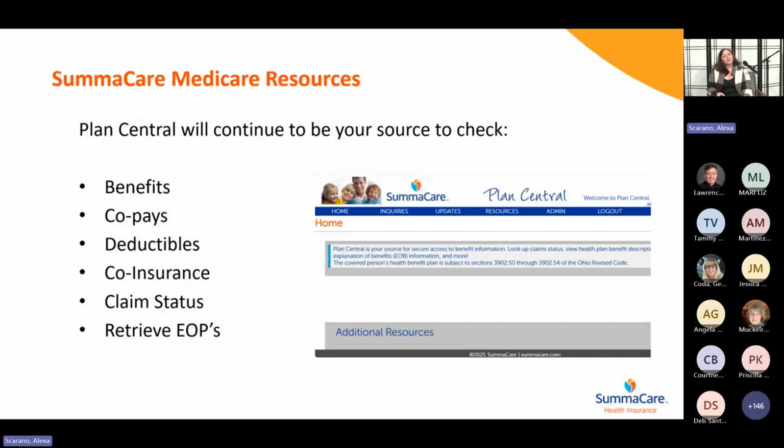We wanted to mention, of course, our Medicare resources, where you can go and look up information. Plan Central, our online web portal, will continue to be your best source to check eligibility, benefits, co-pays, deductibles, co-insurance, claim status, retrieving EOPs, that type of information.